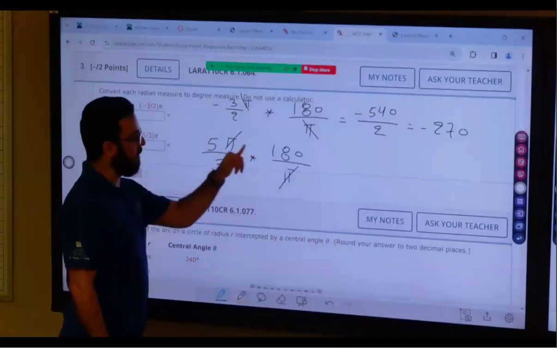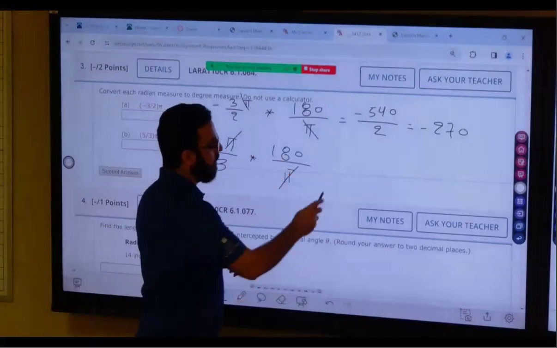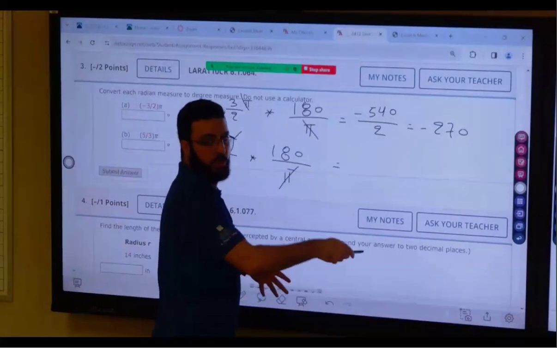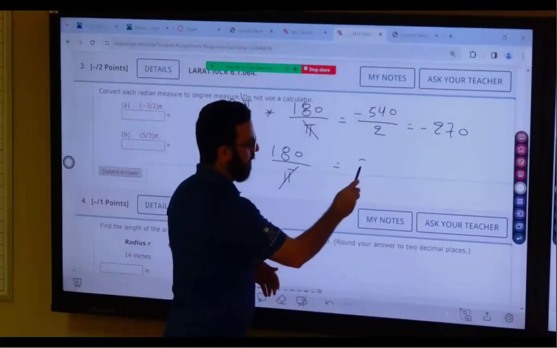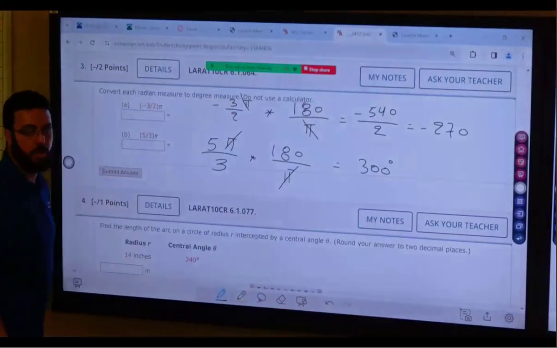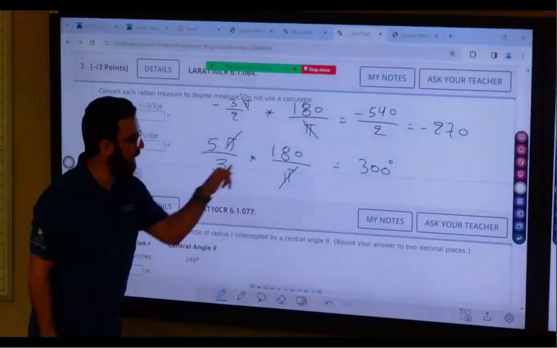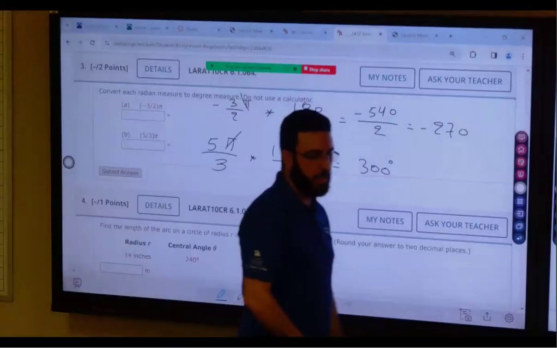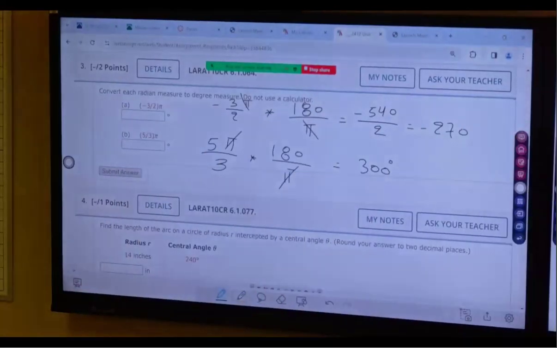So we can simplify this one with this one. How much is it going to be? Multiply 5 times 180 divided by 3. It's going to be 300. Is that a piece of cake? Piece of pie. 300 degrees.